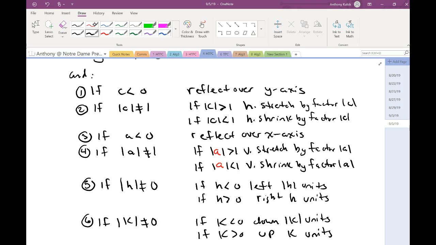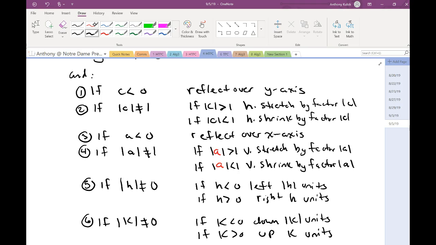Yes, Ben? All the letters at the bottom are intentionally double. One of them has an absolute value intentionally and the other does not intentionally. The left and down one? Correct. And the reason is because the sign on the H and the K dictates the left or rightness.